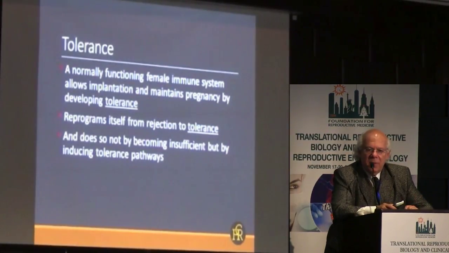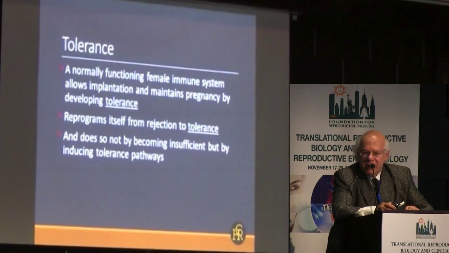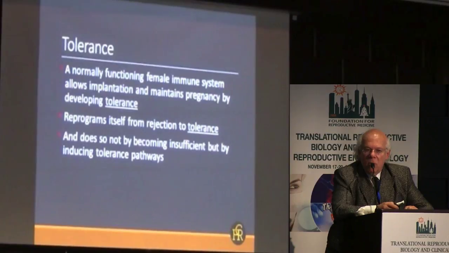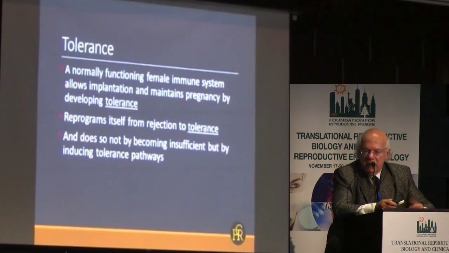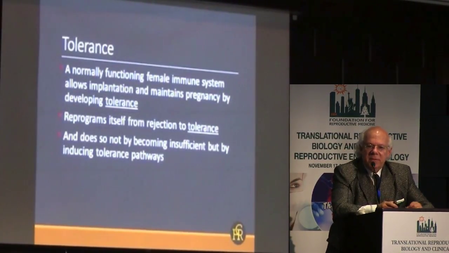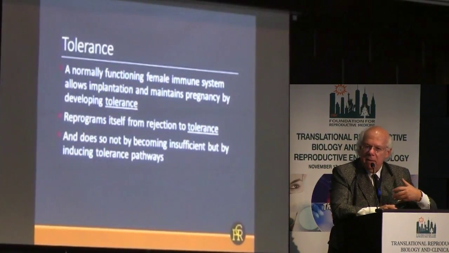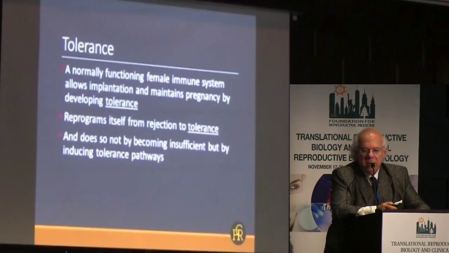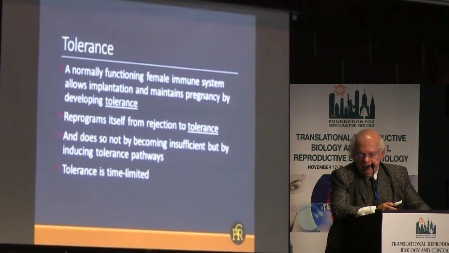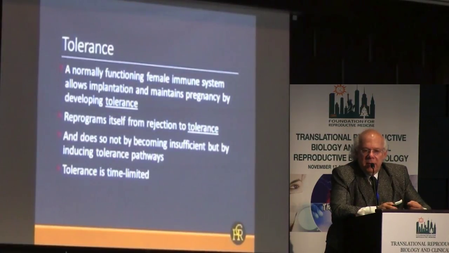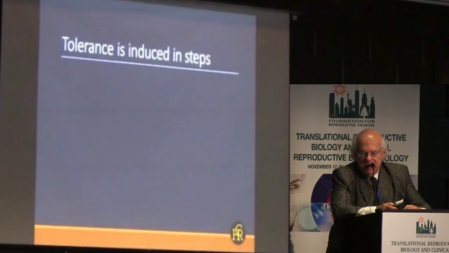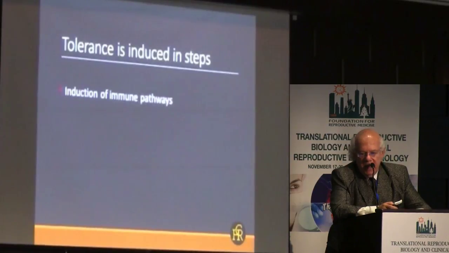Today we know that with very few exceptions, that is not the case. Those few exceptions are probably pathogens or parasites, as I mentioned earlier today, which induce similar pathways to the pathways that are required for a normal tolerance of the fetus. And I also made the point that this tolerance is unique because it is time limited.